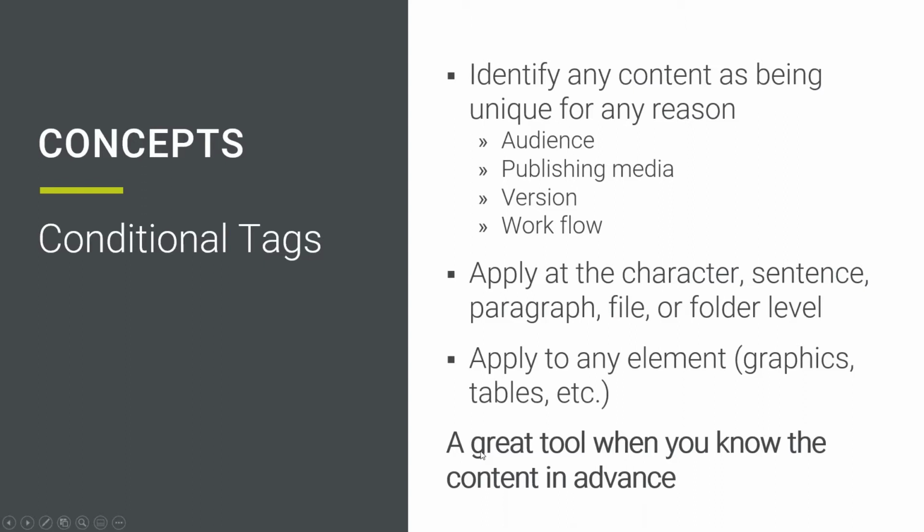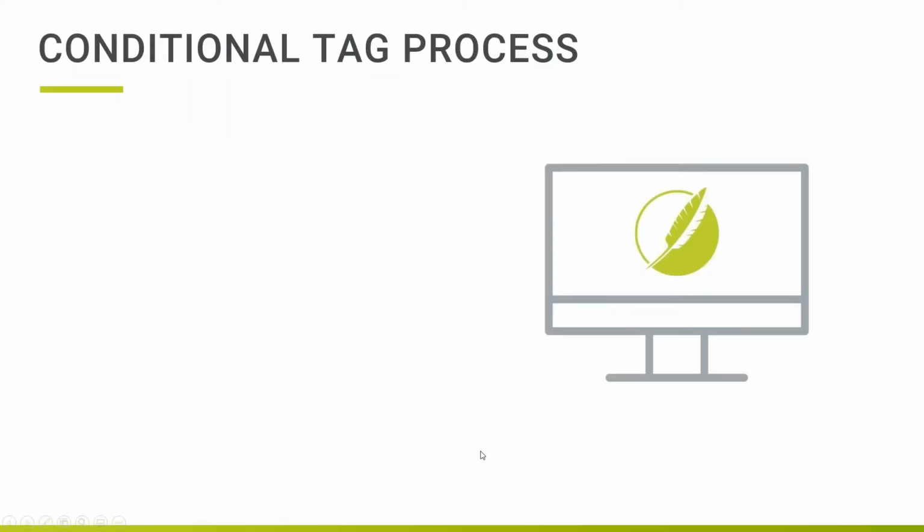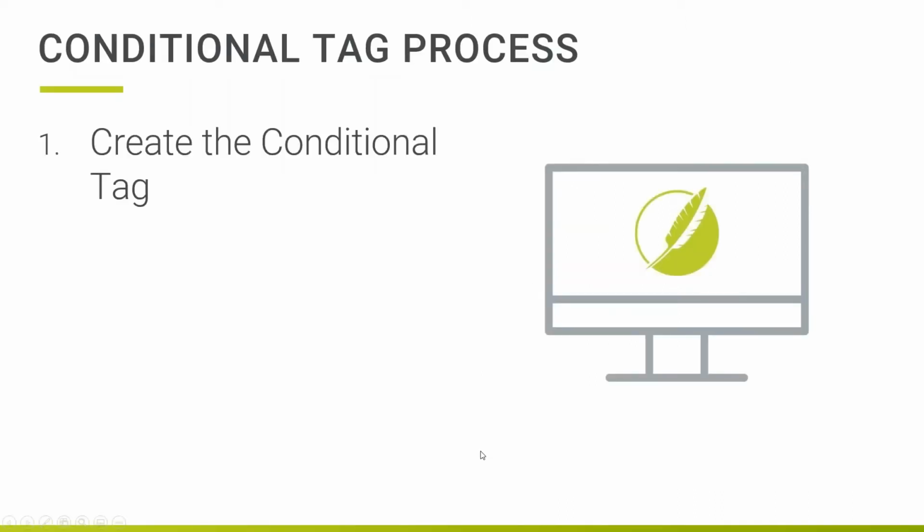All right, so when it comes time to actually implementing, it's always a three-step process. Step one, you have to teach Flare the conditional tag that you would like to use. Step two, once we have the tag, we then use it in context. We identify those pieces of content that are unique.